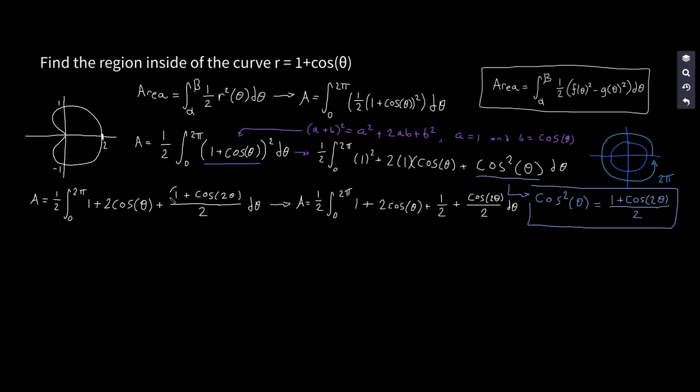So this 1 is its own separate term. Basically, I can make this 1/2, and then I can make this 1/2 cosine of 2 theta, and I will do so.